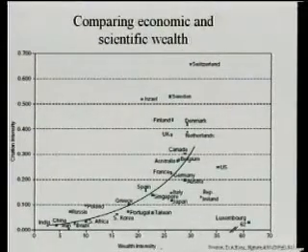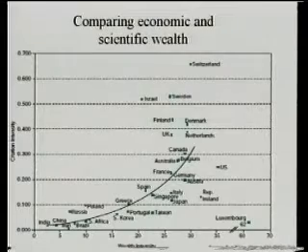Now, I'm going to reanalyze this next year, but you'll see that China, India, South Africa is the only country in the African continent that even appears here. Despite vast investment, in terms of citations, the analysis would indicate that those countries have got a long way to go. Another way of putting this is the great strength that we have in the UK is because of our 400-year legacy in science and technology.